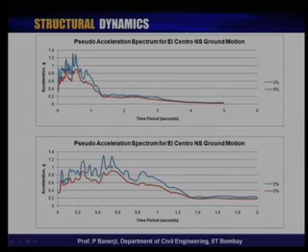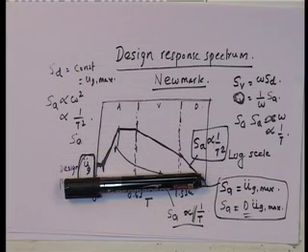So, you see you start getting these numbers: 2.67 for 5%, for 2% it's about 3.2, 3.5, 3.6, and you start getting numbers that the design response spectrum that Newmark talked about, you start seeing them in this particular case.